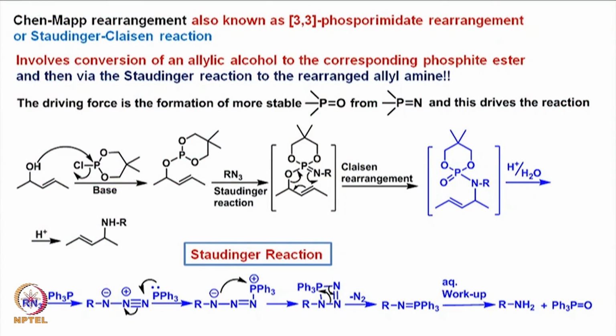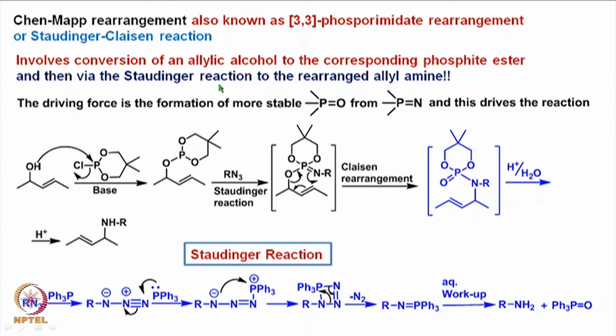So, this is how the reaction of dithienes occur, and the usefulness of this is that we can do various kinds of sulfur catalyzed Thia-Claisen rearrangement. Now, we have another rearrangement which is called the Chan-Mapp rearrangement, which is also known as the 3,3 phosphorimidate rearrangement or Staudinger-Claisen reaction.